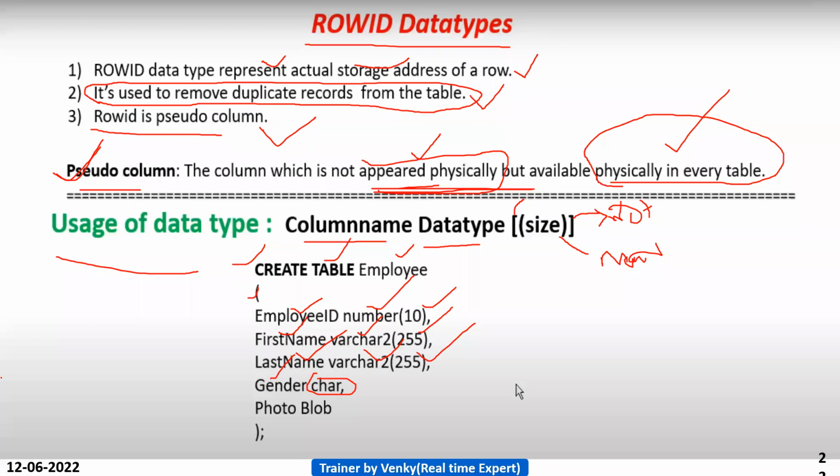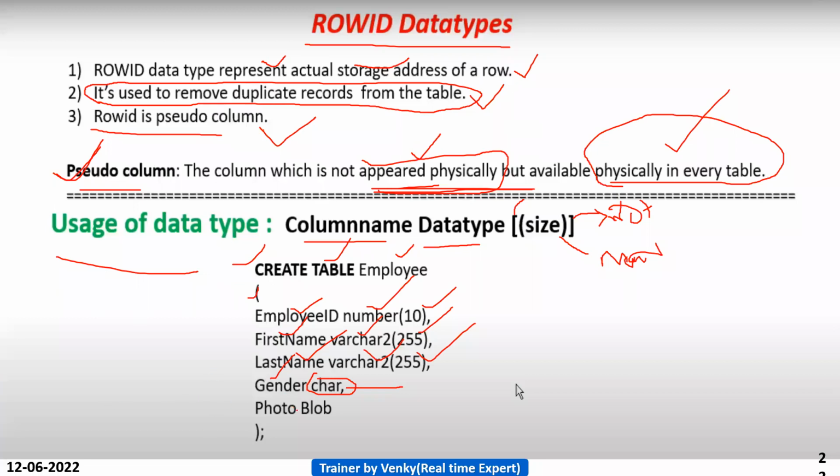It is of fixed length, like we can select M or F. Why haven't I declared the size here? The default size is 1. So we need not declare the size. If you want, you can declare it.